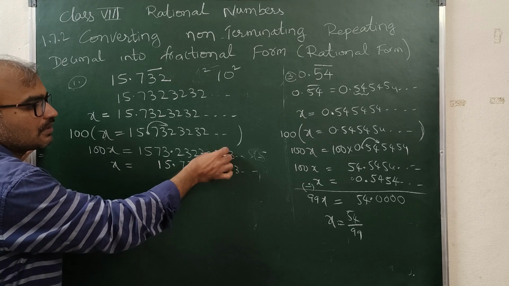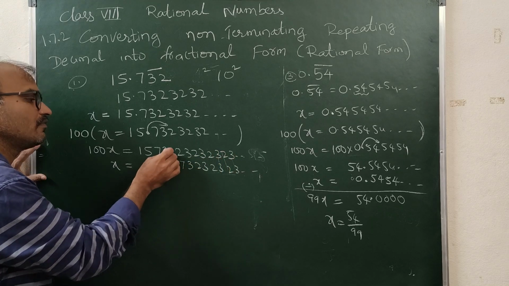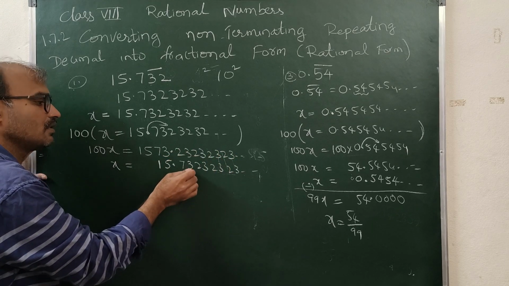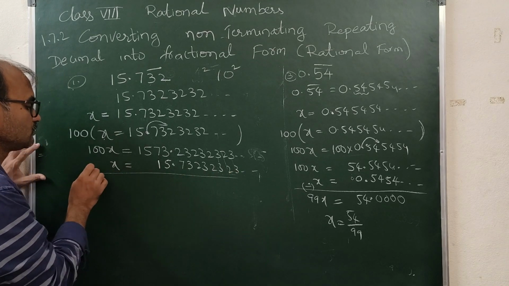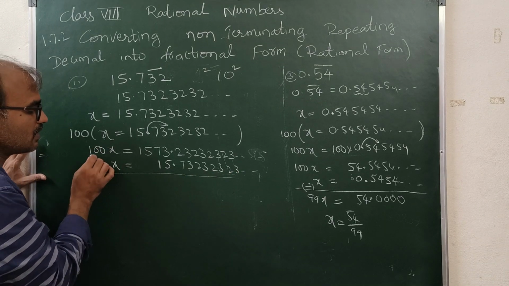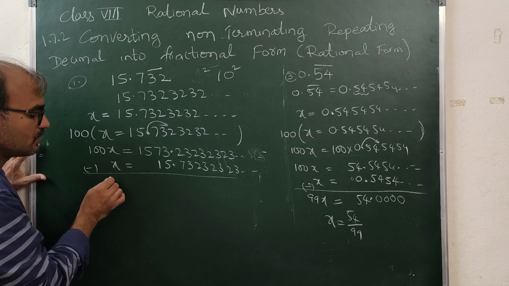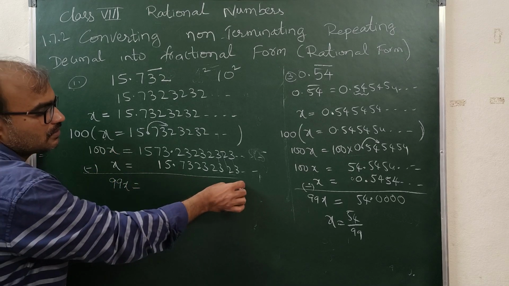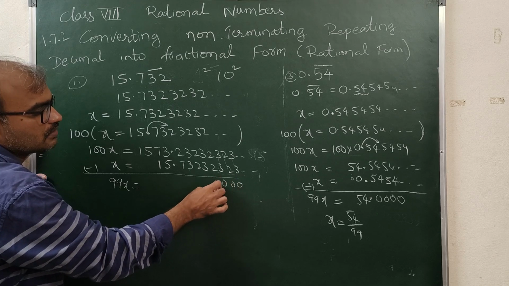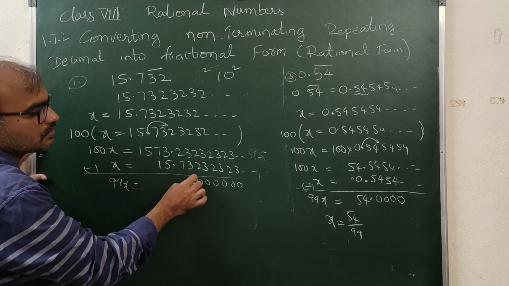Even after here we got 2 3, here 3 to 3. No subtraction needed there. 100x minus x is 99x, right? So subtraction, zeros.